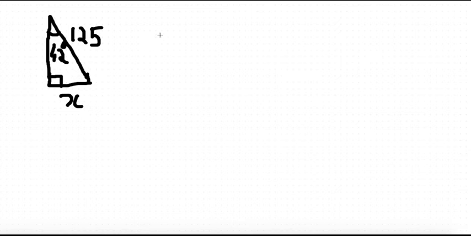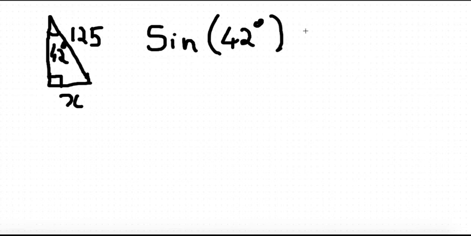Now to find the side length, you use the sine ratio because it gives you the opposite and the hypotenuse length. So the sine of 42 degrees would be equal to x over 125.